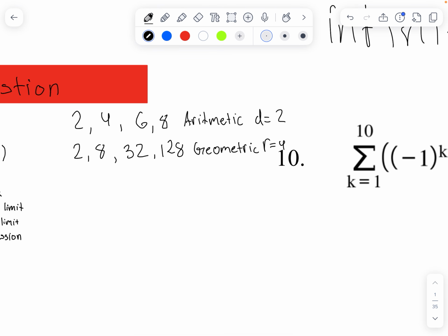Now that we have that out of the way, we can start writing down the formulas for finding the sum of arithmetic sequences and geometric sequences.